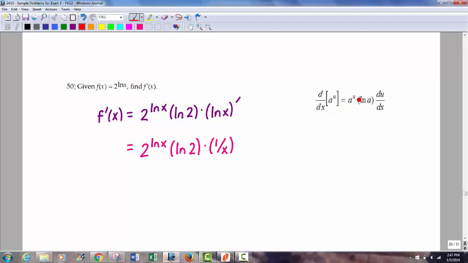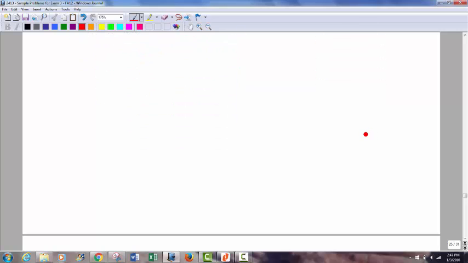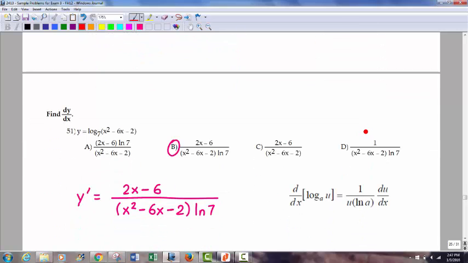So long as you follow that little formula right there, and in case you have to know what the derivative of your u is, if it's a trig function or something, you would have to know that. But other than that, it shouldn't be too bad for these. Now, of course, if something gets buried in a product or quotient rule, that could be a little more work.